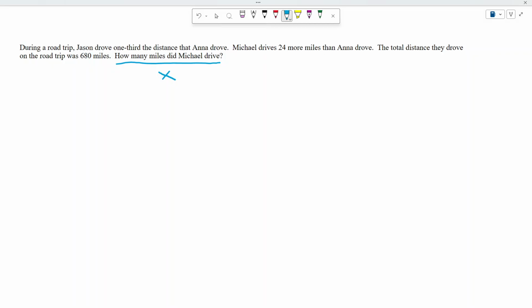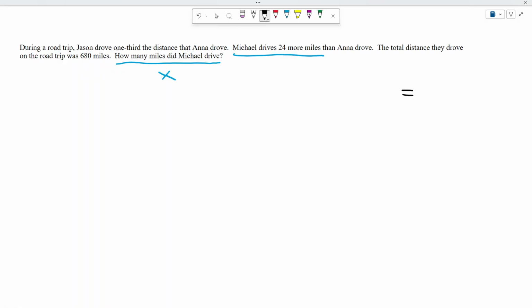Okay, and then they tell us Michael drove 24 more miles than Anna drove. And then Jason drove 1/3 the distance that Anna drove.